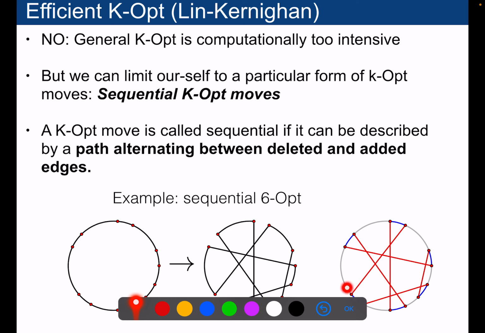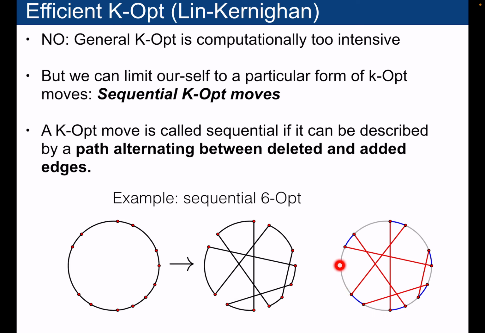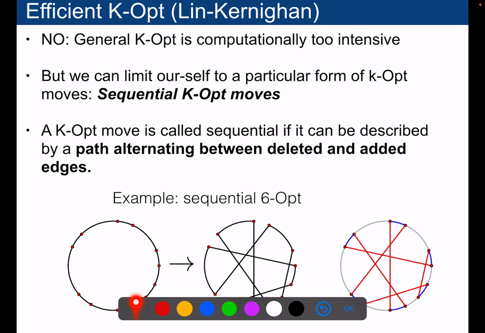The blue ones are the ones that we remove. So we keep, we remove, we keep, we remove, and so on, and then you go back to the origin, right? In that case, you have applied what we call a sequential 6-opt move.